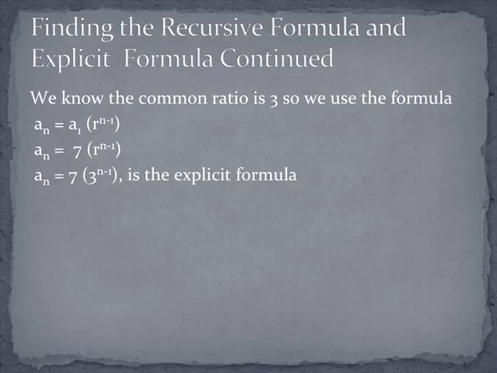We know the common ratio is 3, so we use the formula a sub n equals a sub 1 times r to the n minus 1. a sub n equals 7 times r raised to the n minus 1. Then the explicit formula is a sub n equals 7 times 3 raised to the n minus 1.